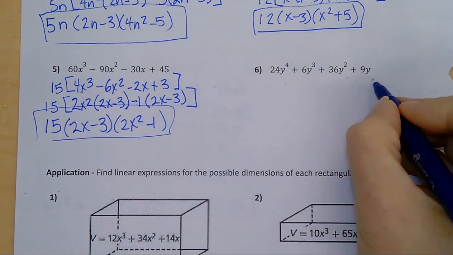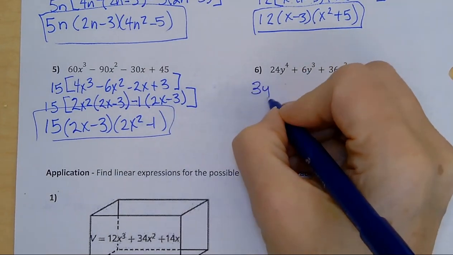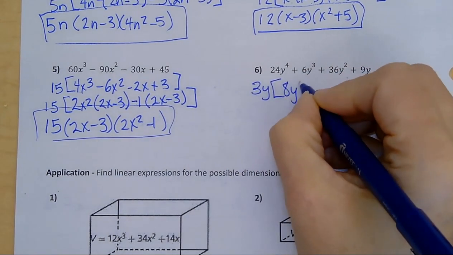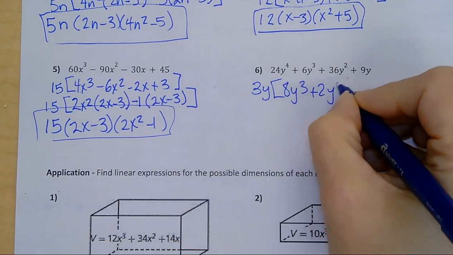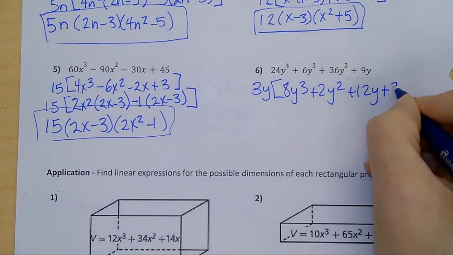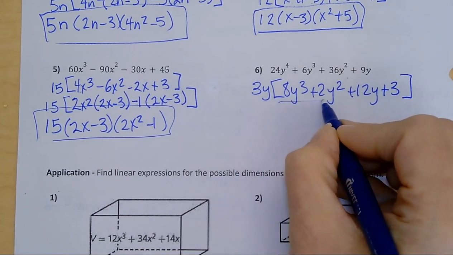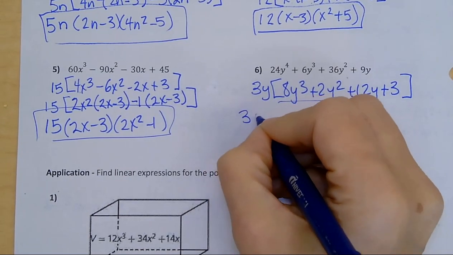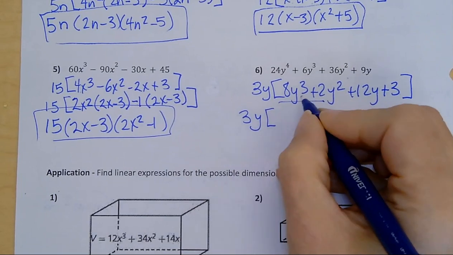All of this is divisible by 3 for sure, and y. So let's take out 3y. I have 8y cubed plus 2y squared plus 12y plus 3. And I'm in order, so it should be pretty easy to find my common factors.